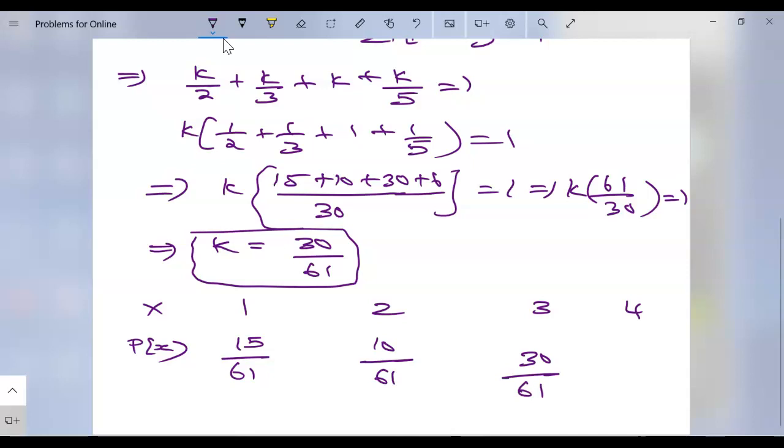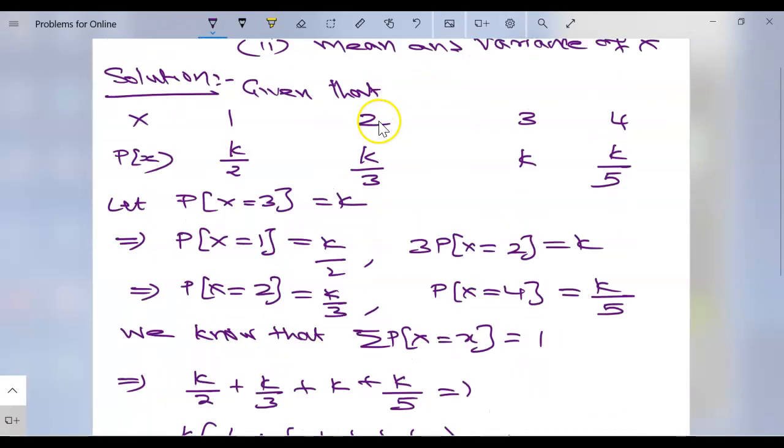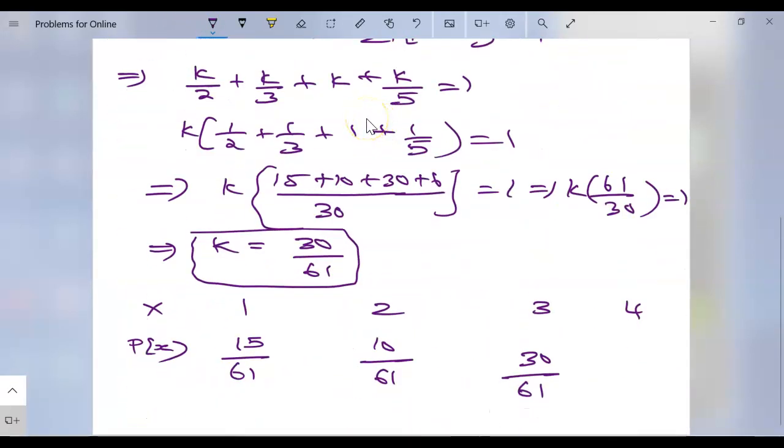Here I had 5, I think. So what is it? k by 5 means it is 30 by 5, 6 by 61. Okay, so this is what I'm having. So this is the probability mass function.